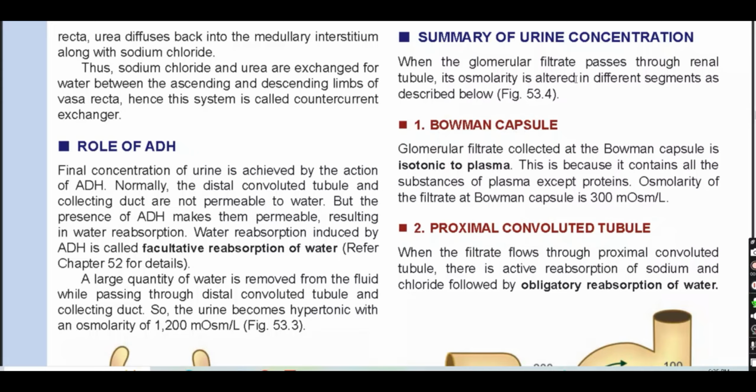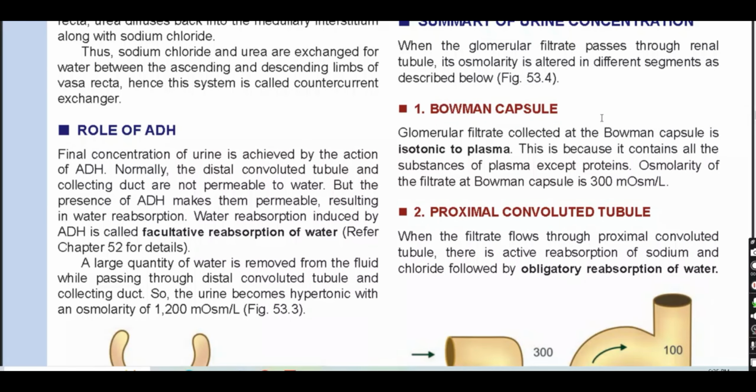The summary is that when the glomerular filtrate passes through the renal tubules, its osmolarity is altered in different segments. What are the segments? In the structure of the nephron, there are the Bowman capsule, proximal convoluted tubule, distal convoluted tubule, collecting tubule, and the loops of Henle.